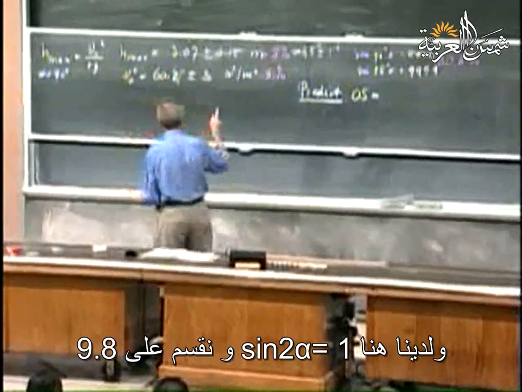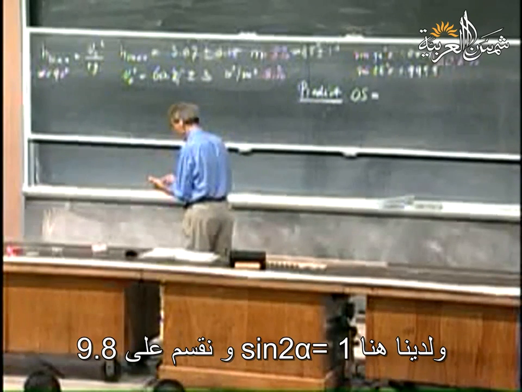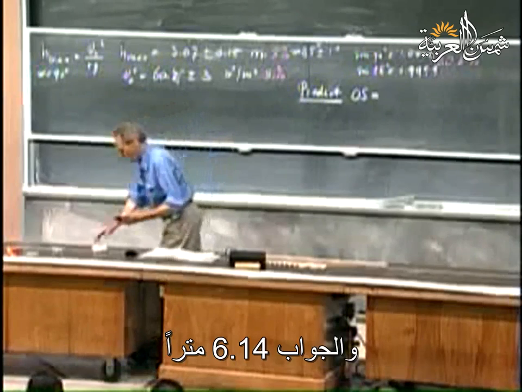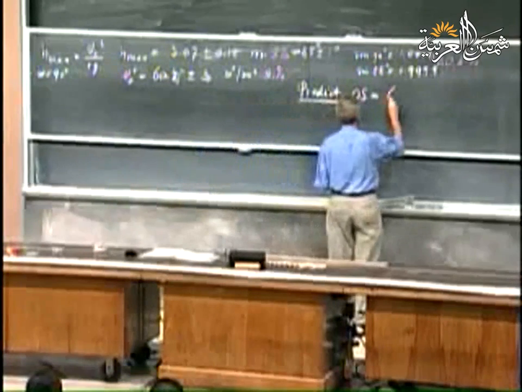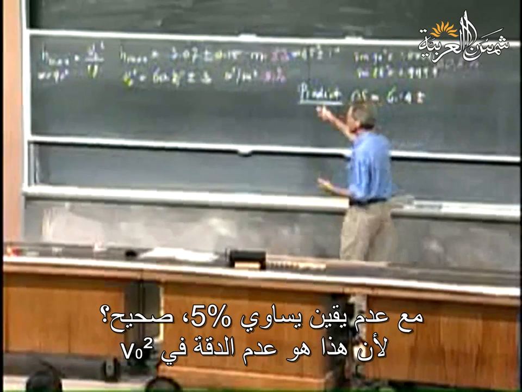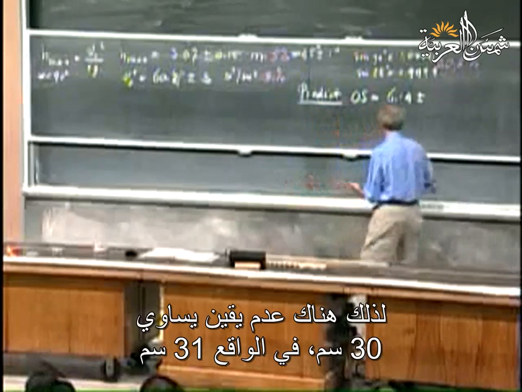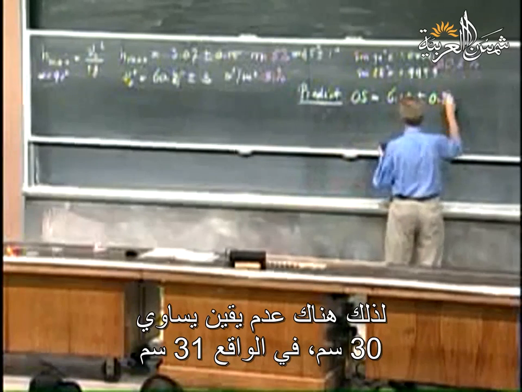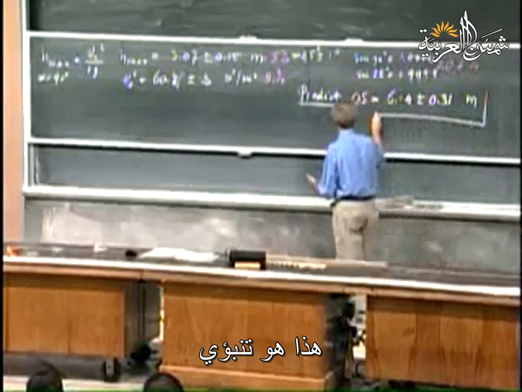And we have the sine of 2 alpha is 1, and we divide by 9.8. That is 6.14 meters. With an uncertainty of 5%, right? Because that's the uncertainty in V0 squared. And so that is an uncertainty of 30 centimeters, actually 31 centimeters. This is my prediction.